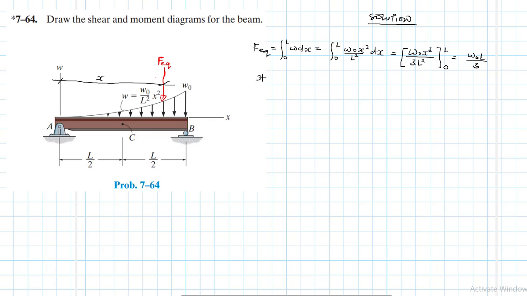Then its location x bar is going to be equal to, we need to use the centroidal equation, where the equivalent force is the denominator: the integral from 0 to L of x tilde w dx, divided by the integral from 0 to L of w dx.